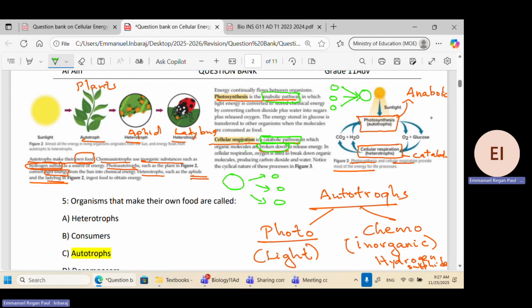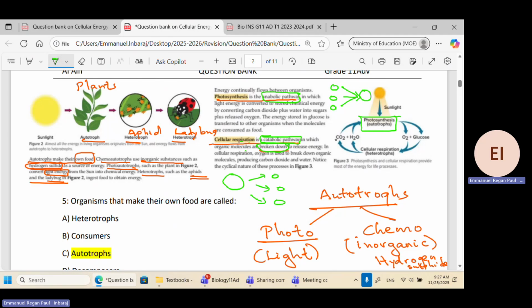Now look carefully at this picture. This is very important because this picture will be there in your exam. Same picture they will give you, and maybe they will put a box here and ask, what is the process that should be in this box?